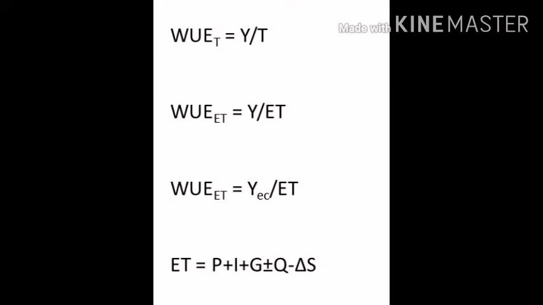At field scale, the denominator evapotranspiration can be measured from P, that is precipitation, I, that is irrigation, G, that is net groundwater flow, Q, that is run on or run off, and delta S, that is change in soil water content within the root zone.